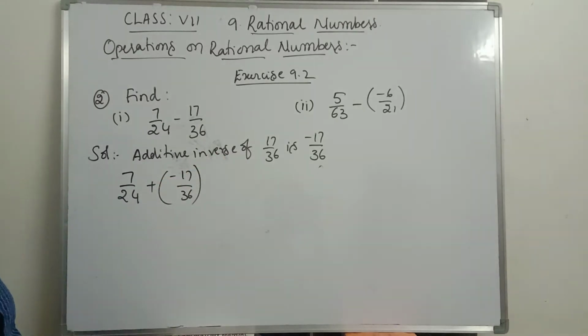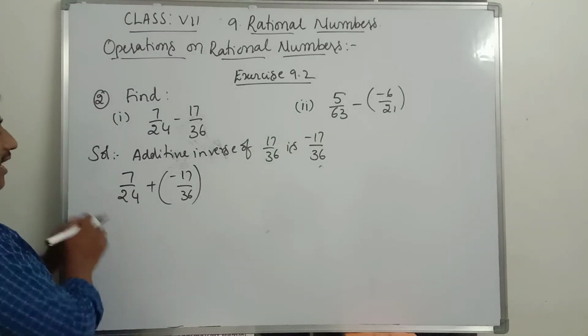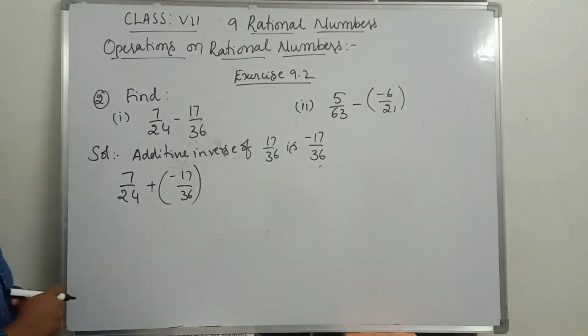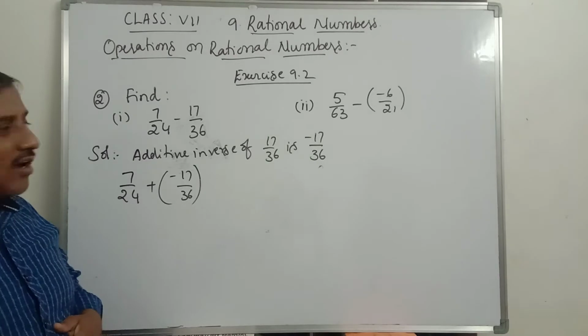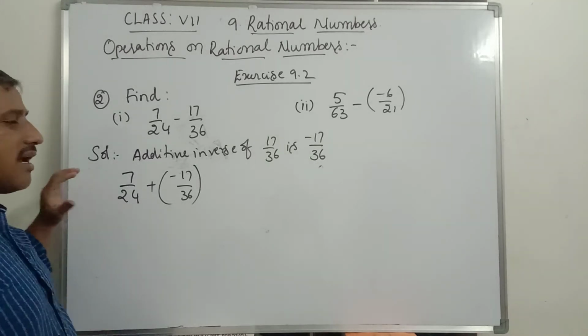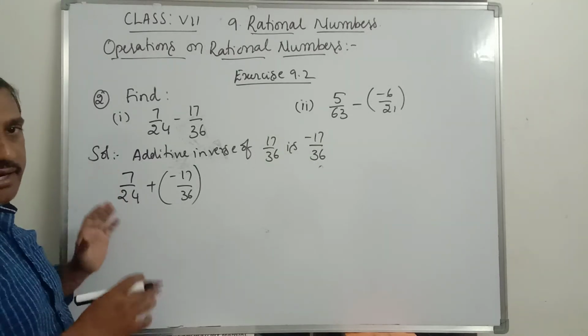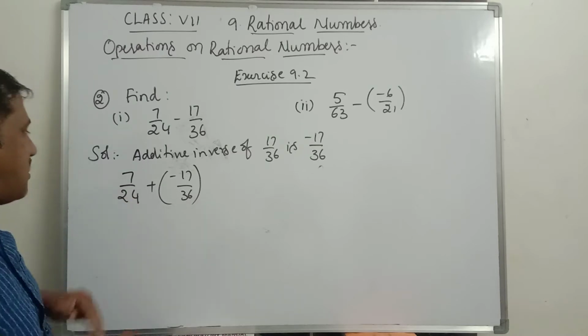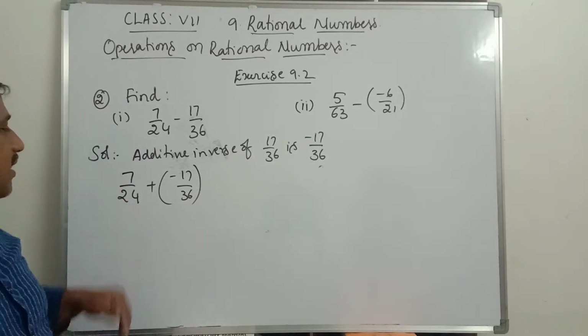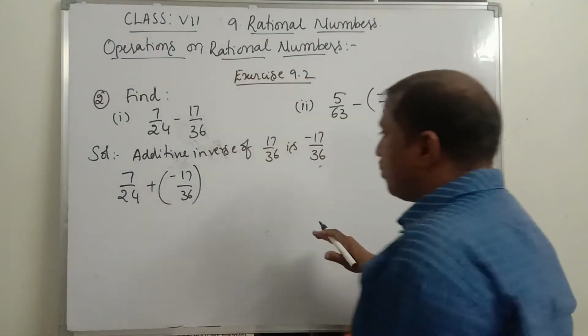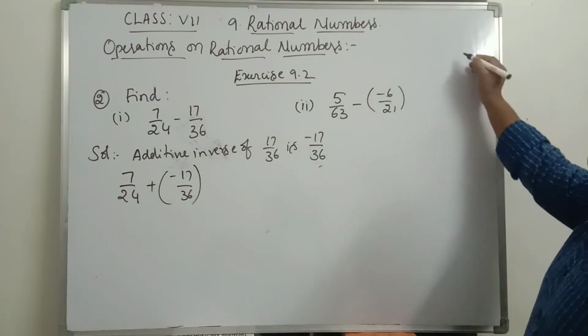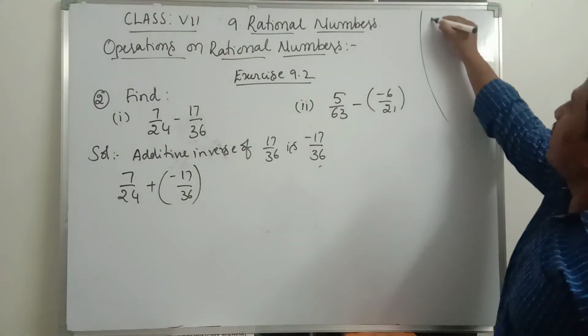Now their denominators are different. Find the LCM of the denominators, then convert those rational numbers to like rational numbers and add the numerators. Now find the LCM of 24 and 36. Here I am doing the rough work.